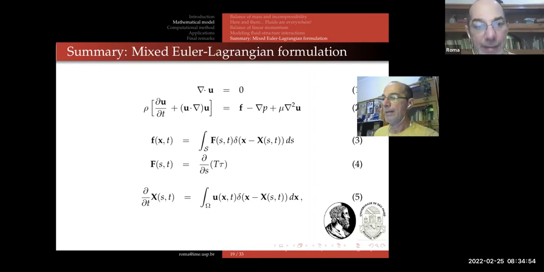And this F here is the tension force. In the case of a simple elastic fiber, this Eulerian force is just the rate of change along the fiber of tension times the unit tangent vector. So this is how the force is computed in this case.